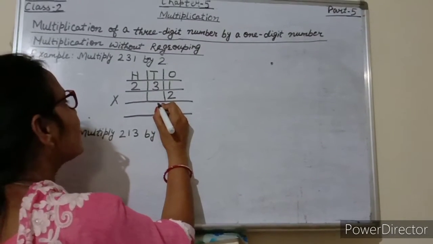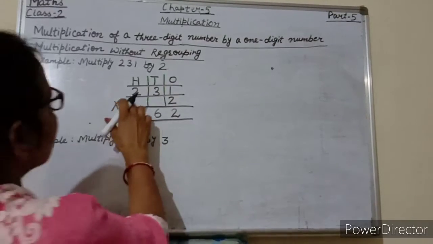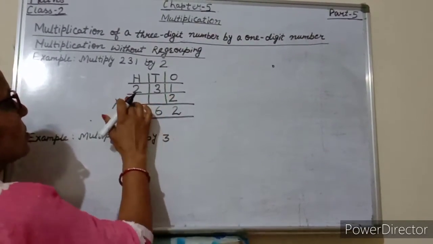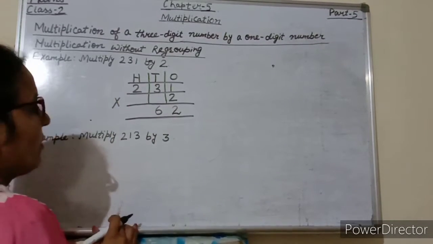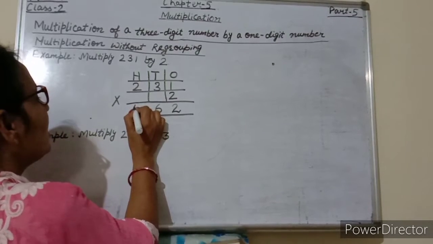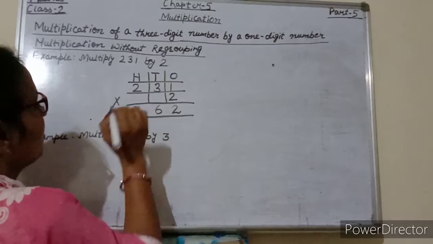So we will write 6 under the tens column. And next, 200 into 2 is equal to 400. Under the hundreds column we will write 4.